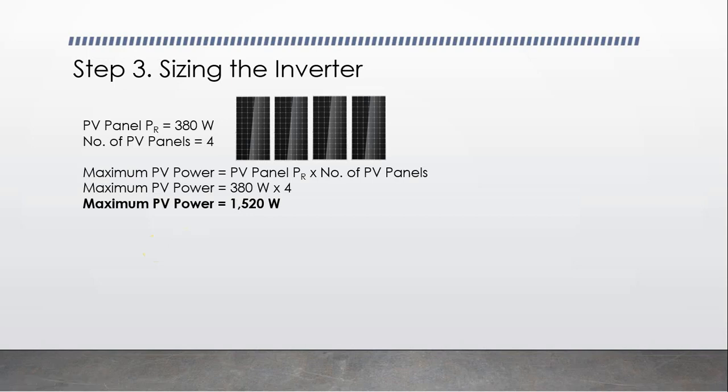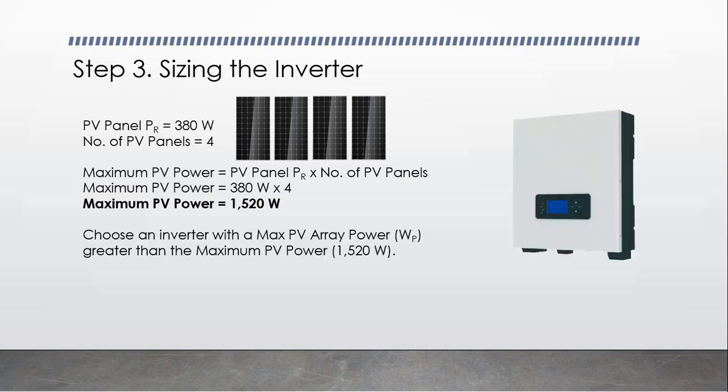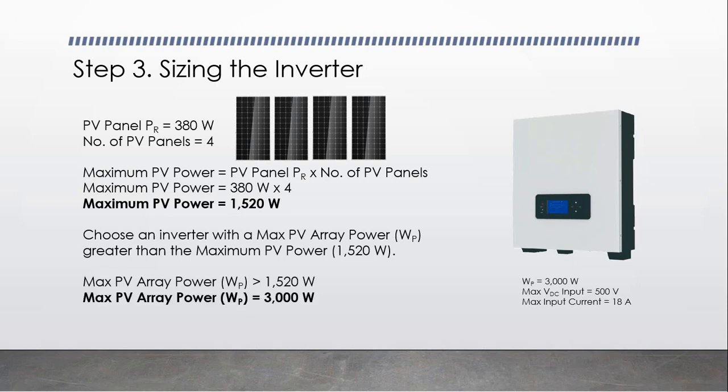Now this is the output of our solar PV array, and this will also be the minimum power rating of our inverter. But since we don't have an inverter rated exactly at 1520 watts, we will choose the next higher value available. So in this case, we'll choose a hybrid inverter rated at 3000 watts or 3 kilowatts.